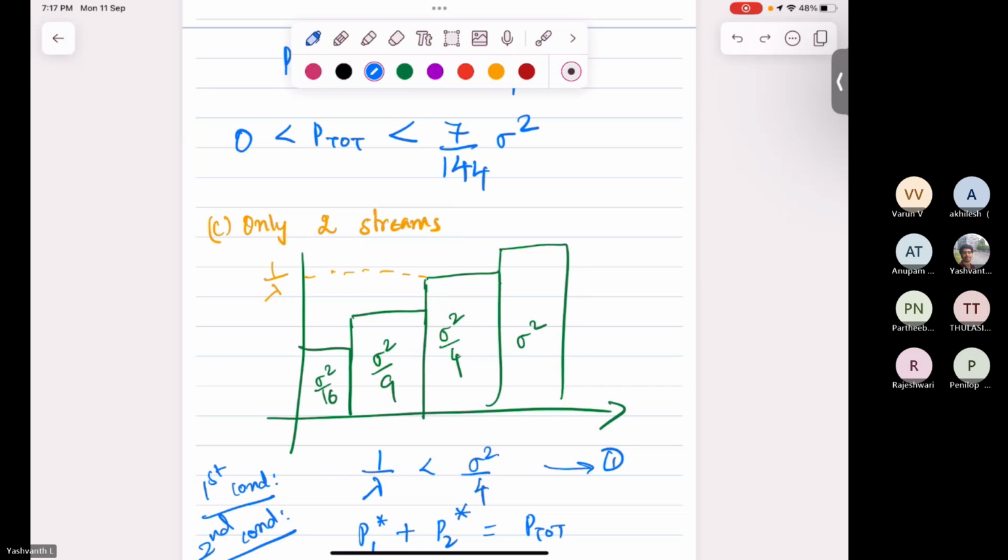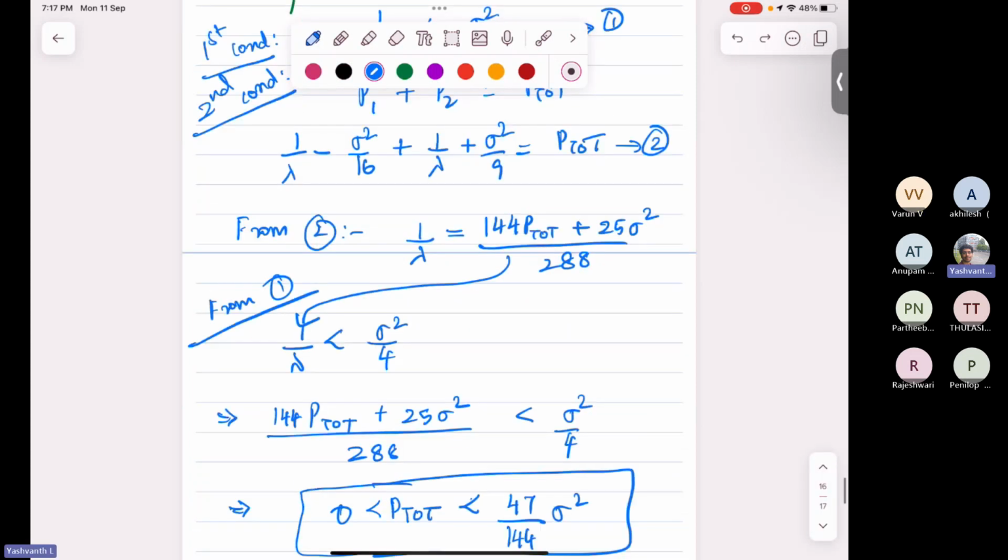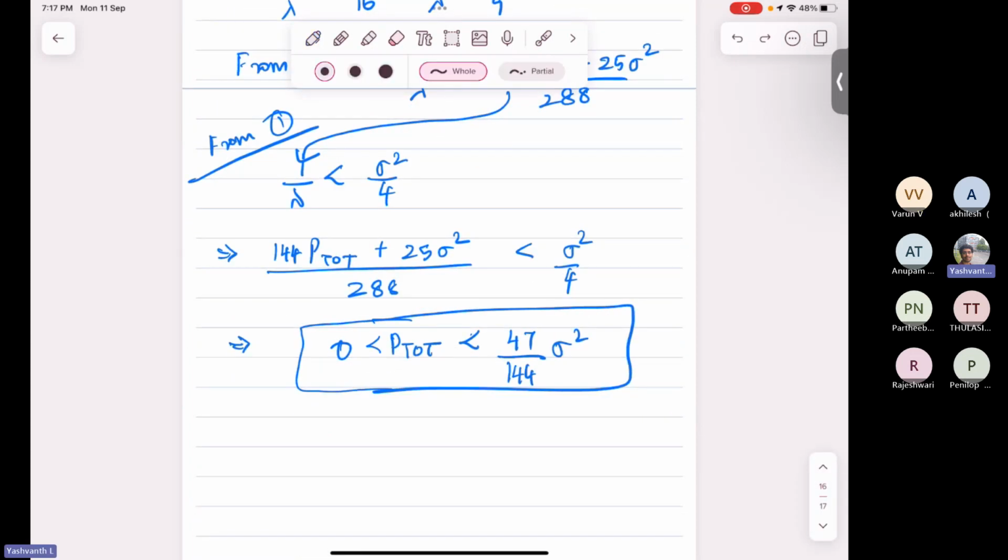That means you should have a minimum total power of 7 by 144 sigma square, and at maximum a power of 47 by 144 sigma square, so that exactly 2 of the streams can be allotted with power.